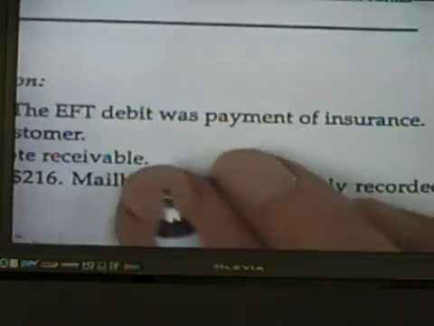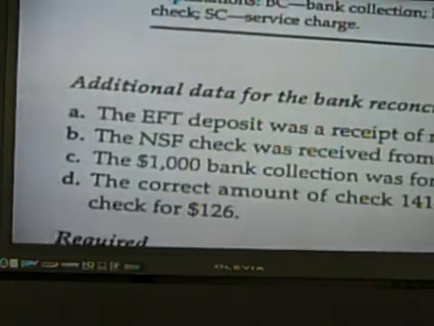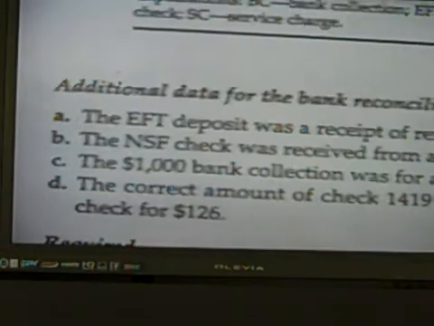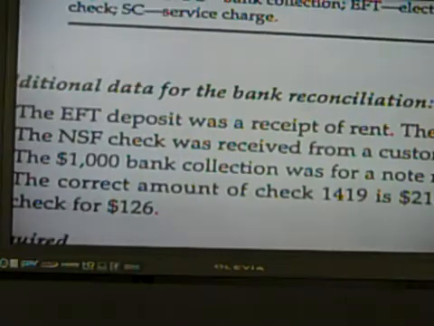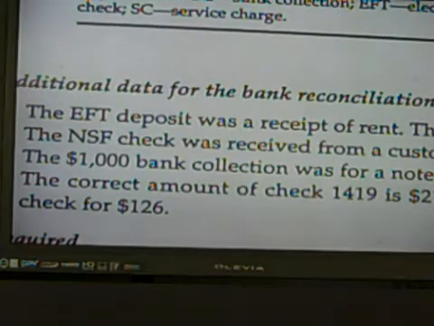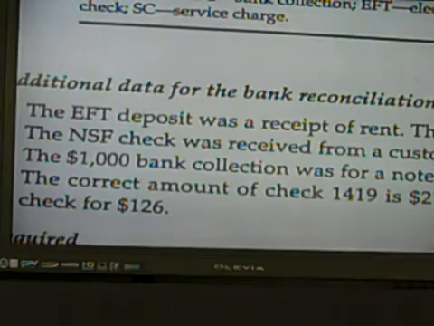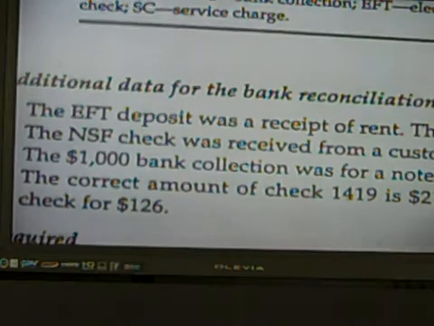The EFT debit was payment of insurance. And B says the NSF check was received from a customer. So a customer had written us a check in payment of something that we had shipped them, and their check did not clear the bank. It did not cash. Therefore, it's a reconciling item. They still owe us money, so that's what it was for.